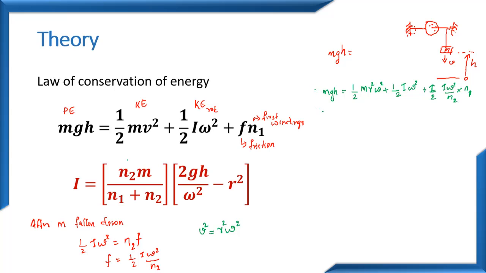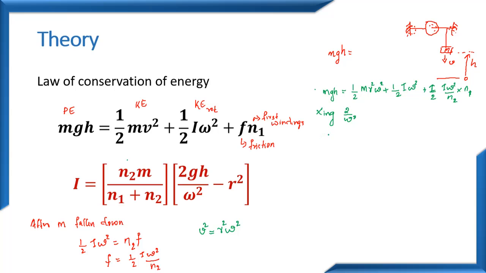So I can get rid of the half and omega square terms on the right.